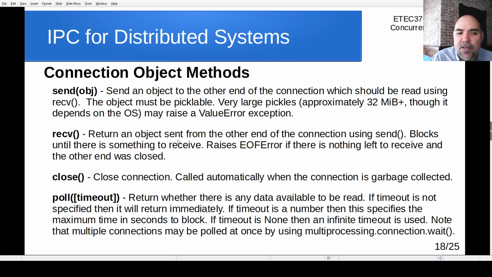In other words, rather than calling receive and blocking, we could call poll, and it would say either yes, there's something there, or no, there's not. You can also add a timeout to say, wait for this amount of time before telling me whether there is something there or not. If you leave that blank and just call poll without the timeout, it'll immediately return an answer, yes, there's something in there, or no, there's not.